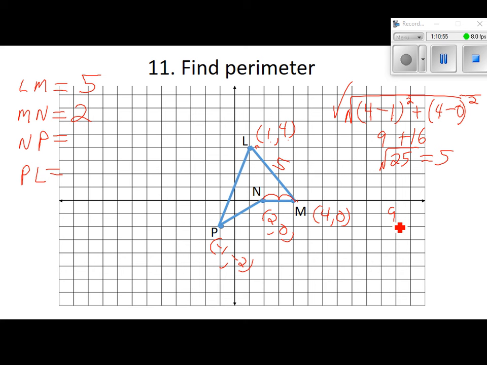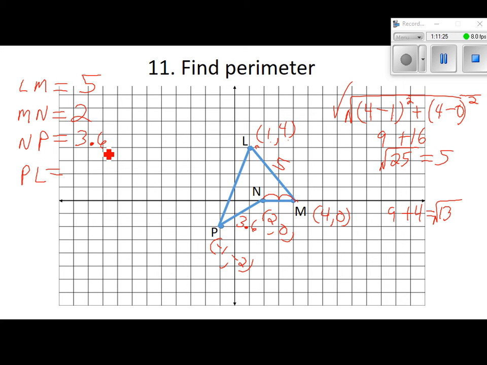Our y's are 0 and negative 2. 0 minus a negative 2 is 2. 2 squared is 4. 9 plus 4 is 13. So we need to take the square root of 13. Grab your calculator. That gives us 3.6. So that segment NP is 3.6. That goes right there.